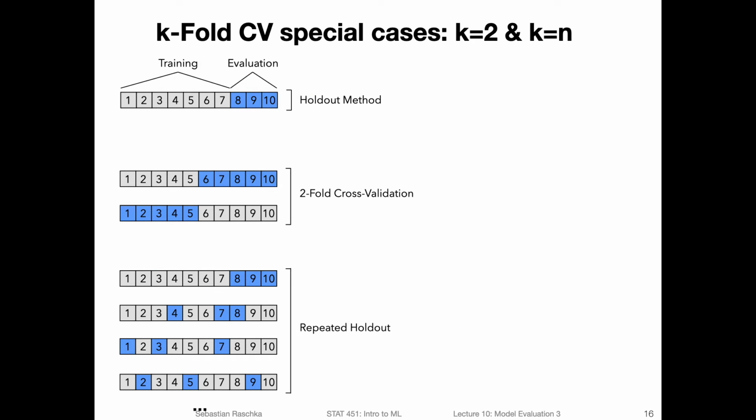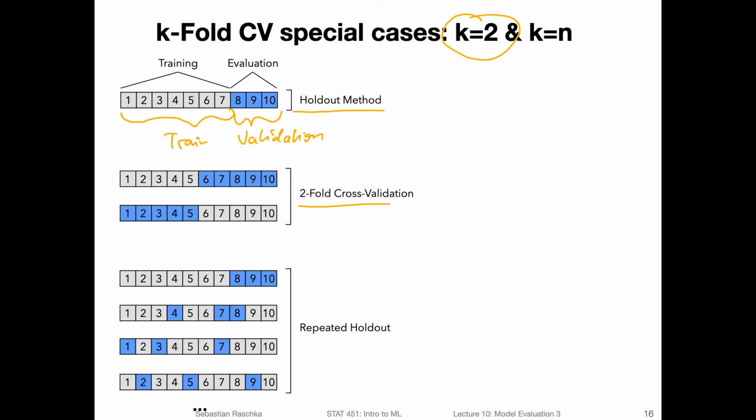Here's a special case of k-fold cross-validation, namely the case where we set k equals 2. Just to contrast this with the holdout method, two-fold cross-validation is actually different from the holdout method. In the holdout method, notice that we divide the data set into a training and a validation or test set.